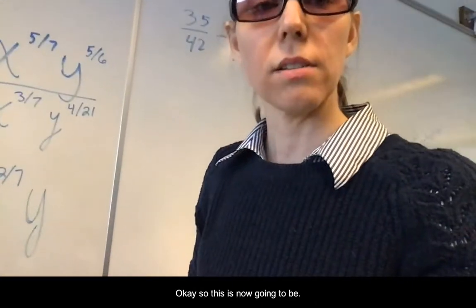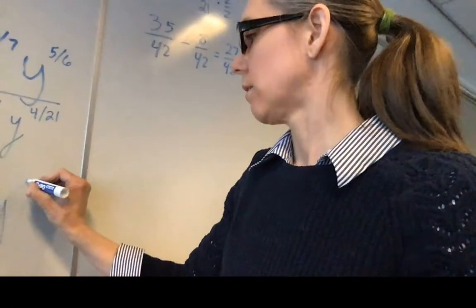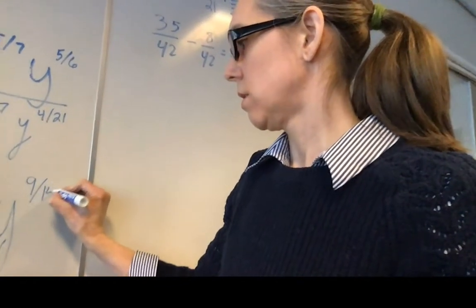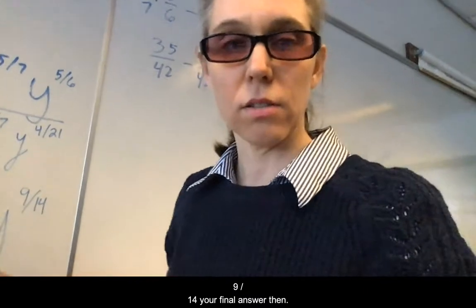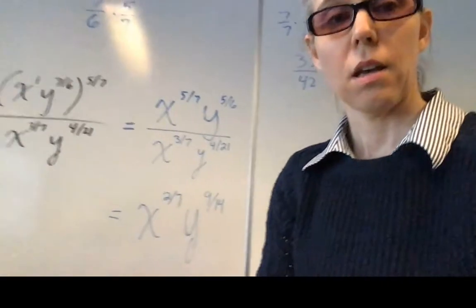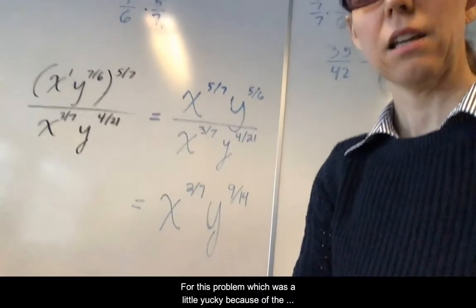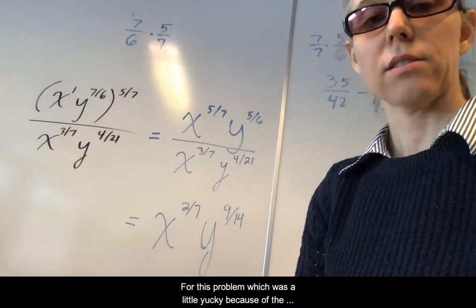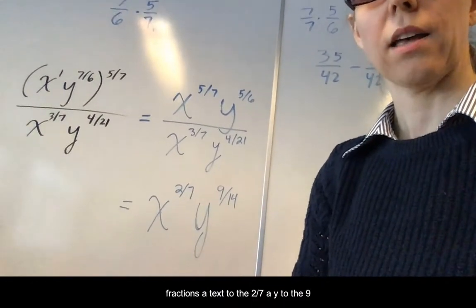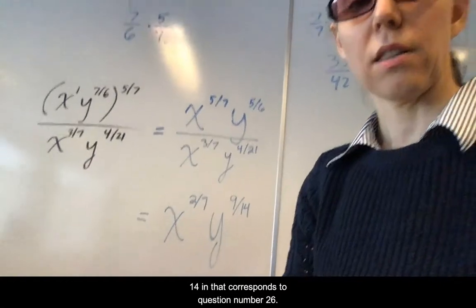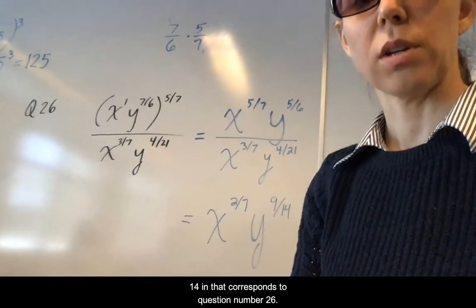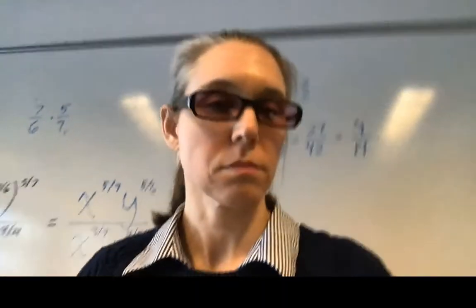Okay, so this is now going to be 9/14. So your final answer then for this problem, which was a little yucky because of the fractions, x to the 2/7, y to the 9/14. And that corresponds to question number 26 from the homework.